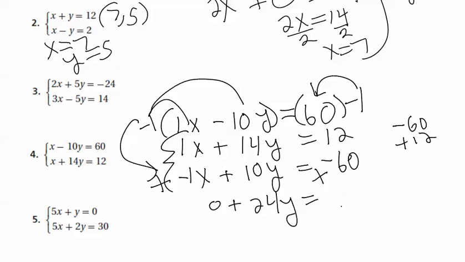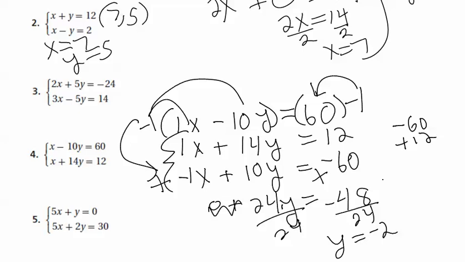Let's see, that would be negative 48. So 0, we don't even need to write that. I have 24 times y equals negative 48. Divide both sides by 24, and we get that y is equal to negative 2.